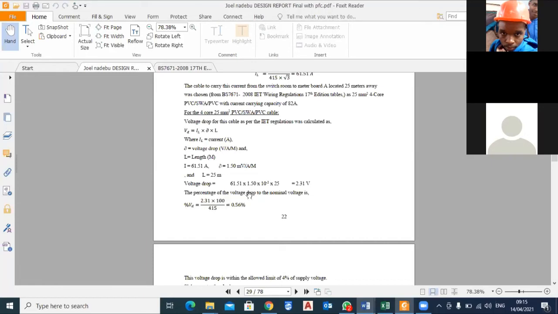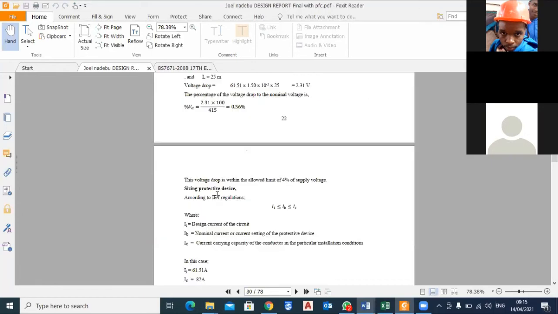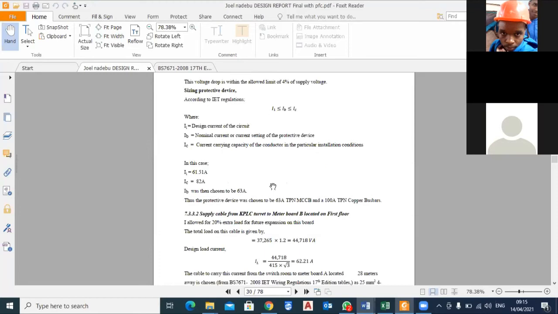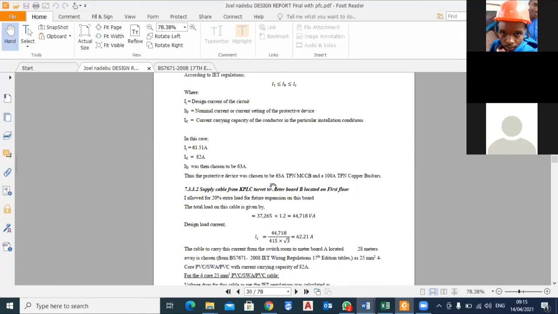Now the voltage drop. The voltage drop allowed is 4%. I think that's the calculation I was doing. Yeah, it is 4% for three phase, and then it is 16.6%, or I'm not sure, for single phase. You'll just confirm that. I'll be able to direct you somewhere that you can confirm that.